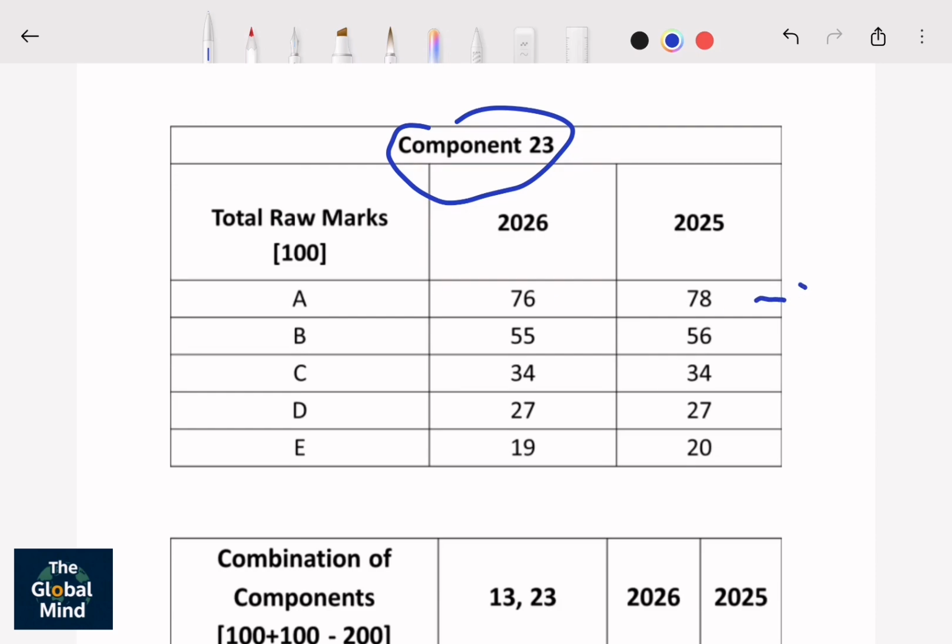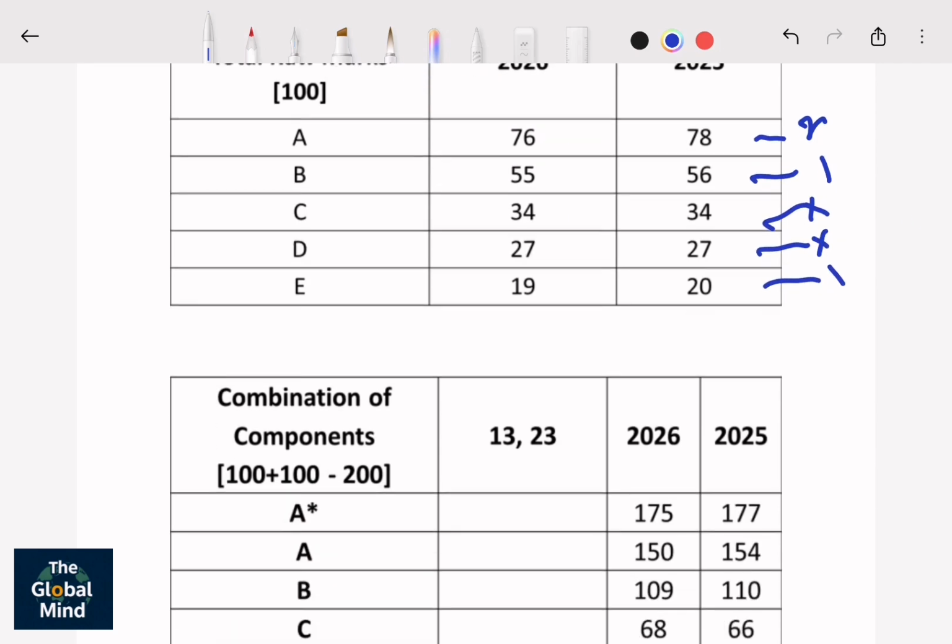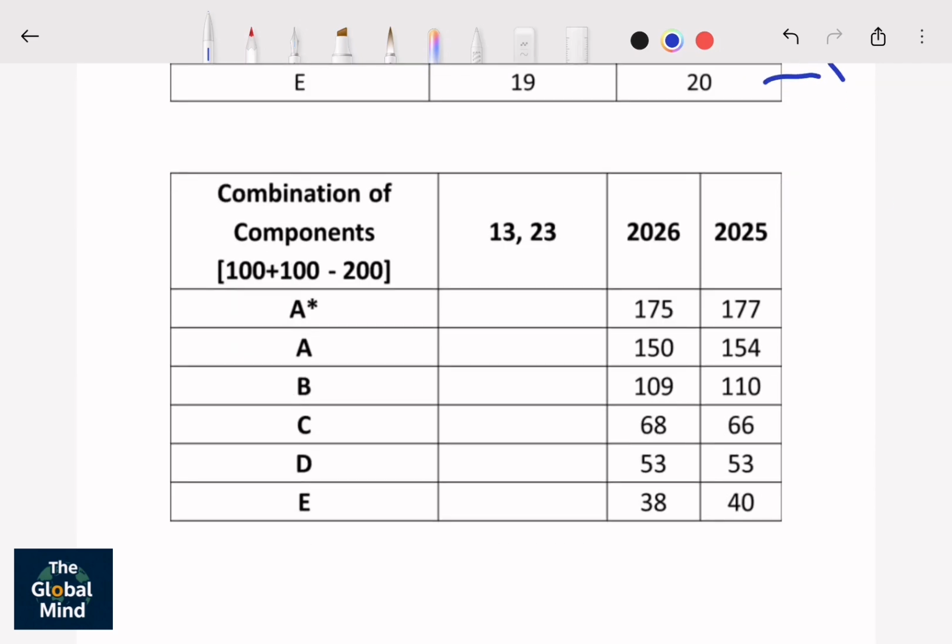So it's 2 marks, 1 mark, no threshold difference here as well, only 1 mark. Then this is for components 1 3 and 2 3 combined, so 2 marks. Here it's a big difference, 4 marks for A, 1 mark, 2 mark difference, no difference at all, 2 marks.